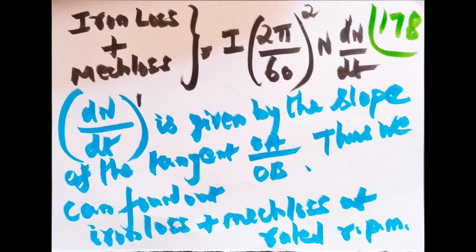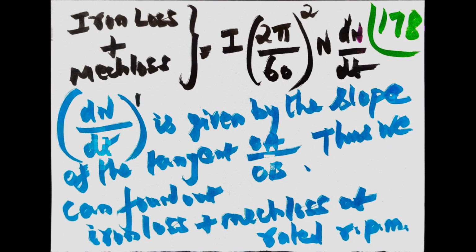Thus we can find iron loss plus mechanical loss at rated RPM. By subtracting the mechanical loss, already calculated in the previous step, we can find the iron loss at rated RPM at rated excitation.